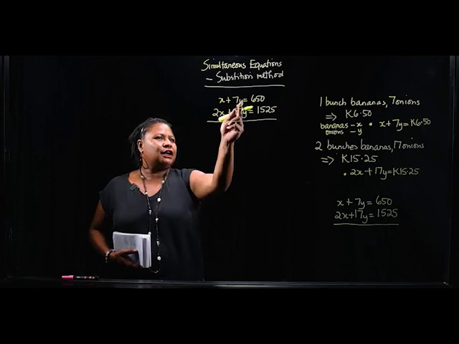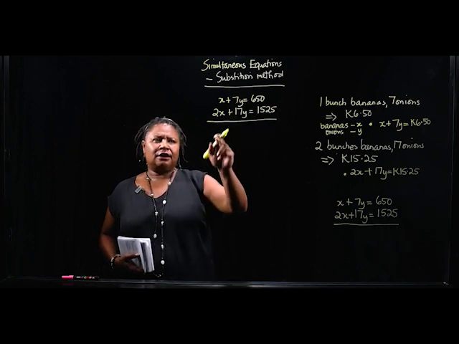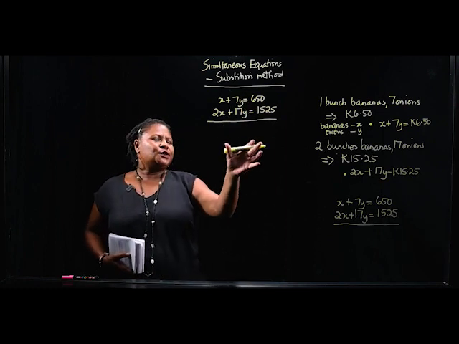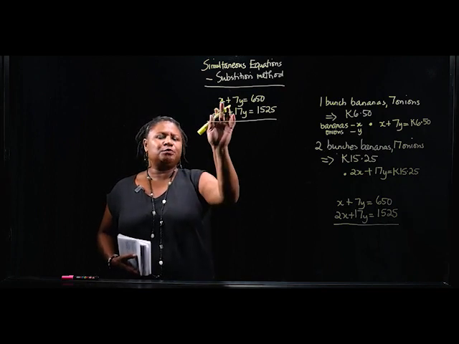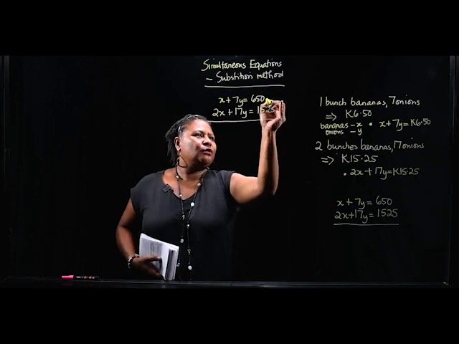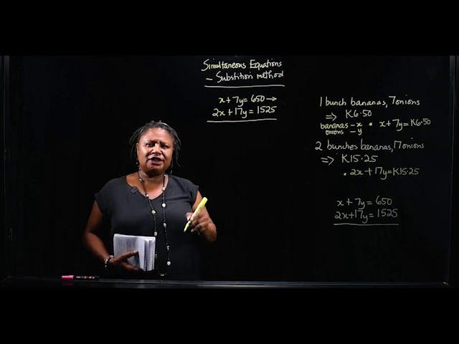Here, in equation number 1, the coefficient of y is 7. We don't want to end up with difficult numbers. So you look at x, the coefficient is 1, so it would be easier to make x the subject. So all we are doing is rearranging the formula. We are not changing anything.